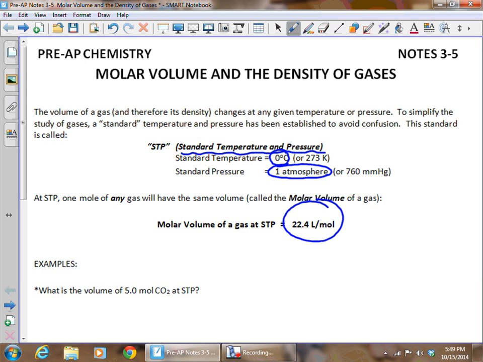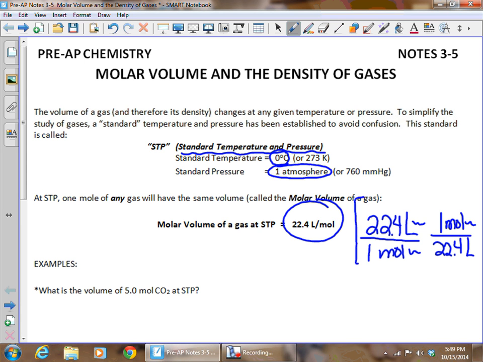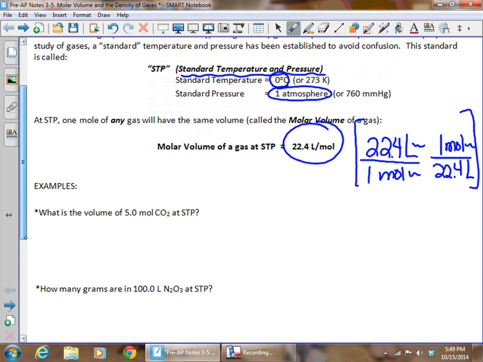So if we say that there are 22.4 liters of a particular gas in 1 mole of that gas, remember we can also say that there's 1 mole of the gas for every 22.4 liters. So those are conversion factors that we can use anytime we are questioned about the volume of gas at STP.